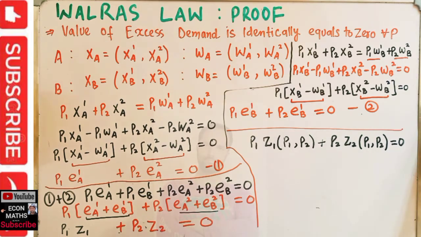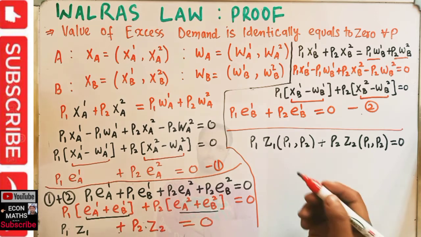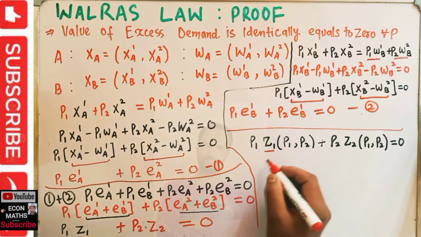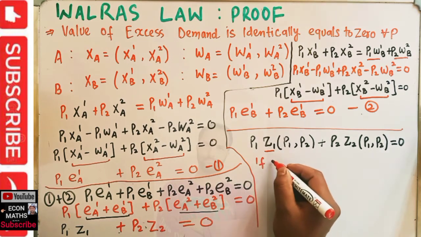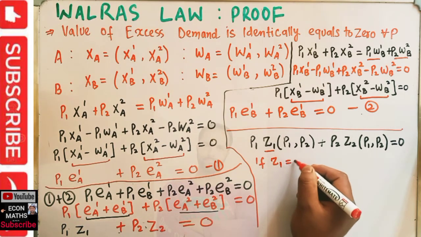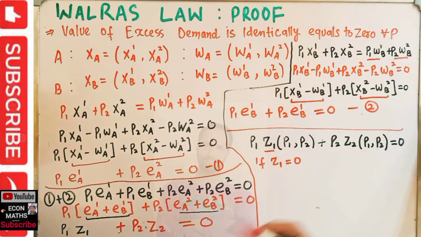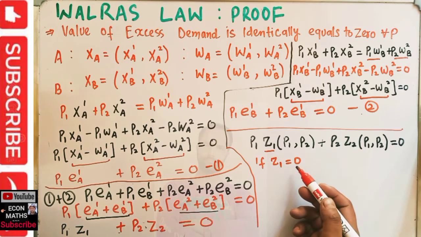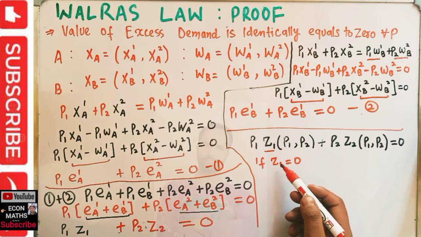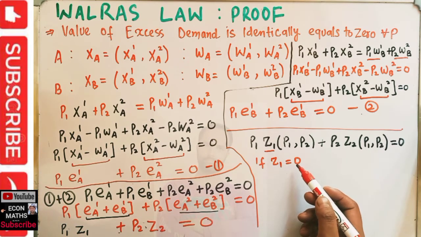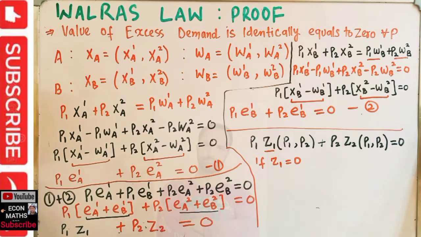Okay, how do we interpret this? Let us assume Z1 is equal to 0. If Z1 is equal to 0, what does this mean? This simply tells us aggregate excess demand of good 1 is 0.